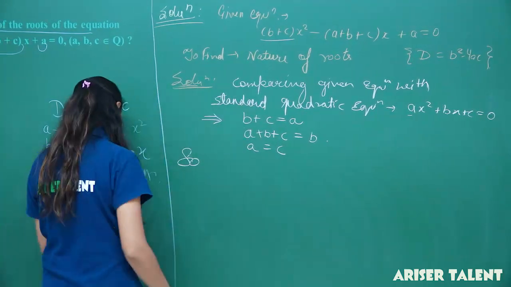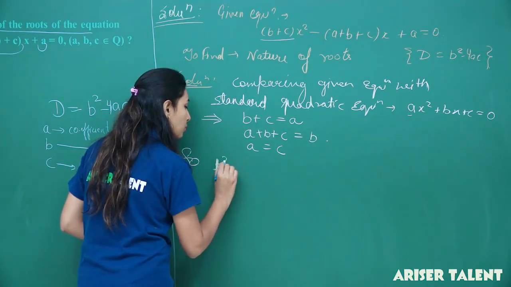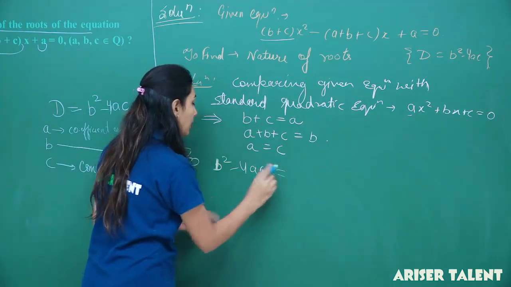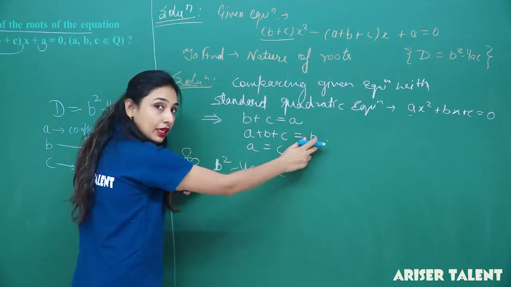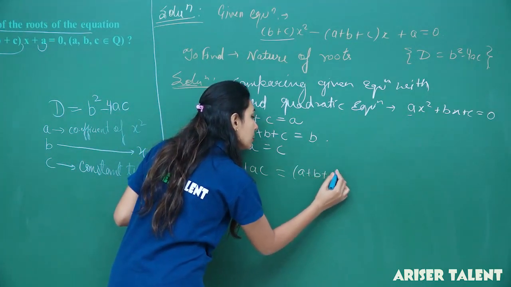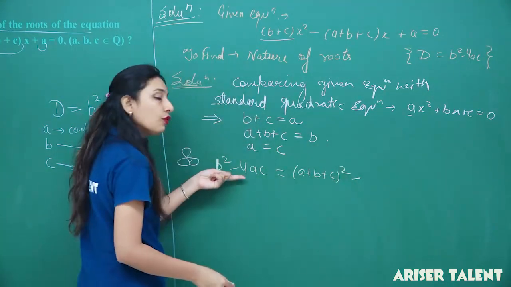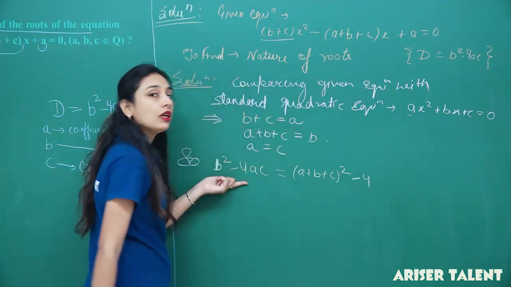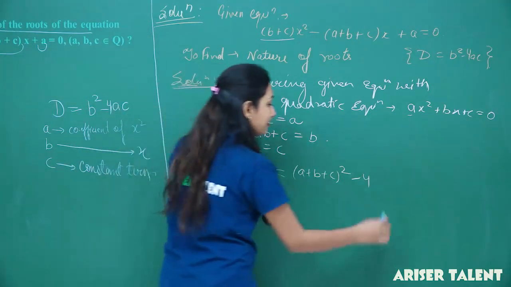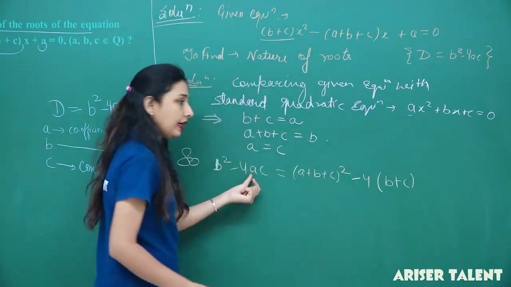So this value b square minus 4ac will become what? B square, just do the square of this, minus 4 here, a. A is b plus c, right? Okay, b plus c, a.